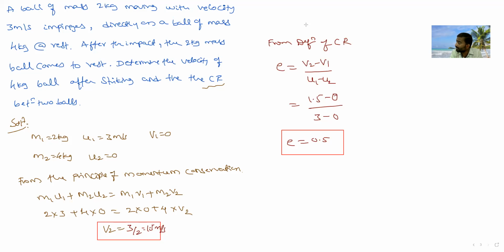For a perfectly elastic body it is 1, and for a perfectly plastic, non-elastic body it is 0. All these concepts can be asked in your MCQ.